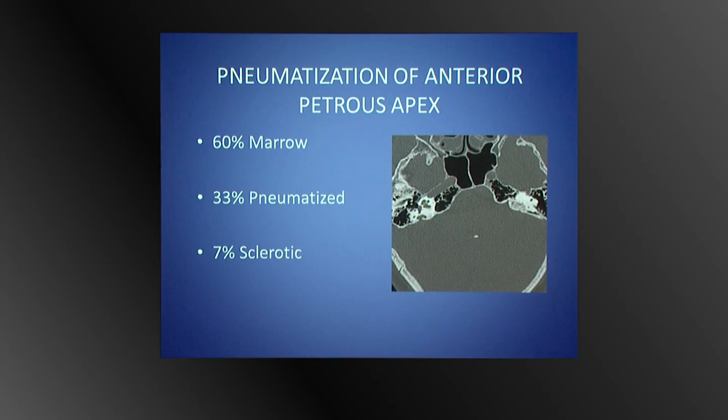The second component I want to discuss of the anatomy is the pneumatization, and that's important once again for 2 reasons. Firstly, asymmetrical pneumatization can give a complicated or confusing radiological appearance. And secondly, probably more importantly, the vast majority of the lesions that involve the apex itself arise so because of obstructed air cells. So from an anatomical point of view, in 60% of cases, the apex contains marrow, but up to 1/3 of people, 33%, have a pneumatized apex, and only 7% are they sclerotic.